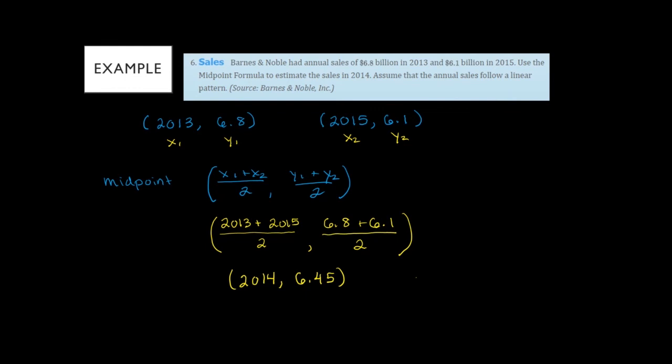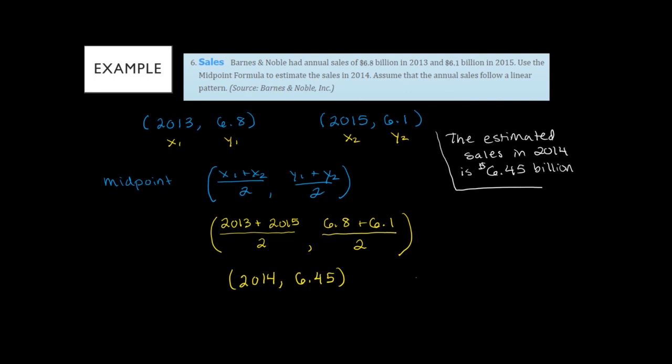Now, this is a word problem, and we don't give a midpoint as the answer because the question is asking what are the estimated sales in 2014. You don't give a midpoint as an answer, you give a sentence as your answer. So you would say the estimated sales in 2014 is 6.45, and then you need to include the units, and it is $1 billion.